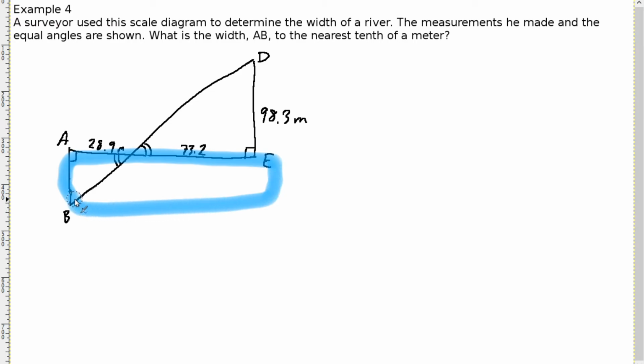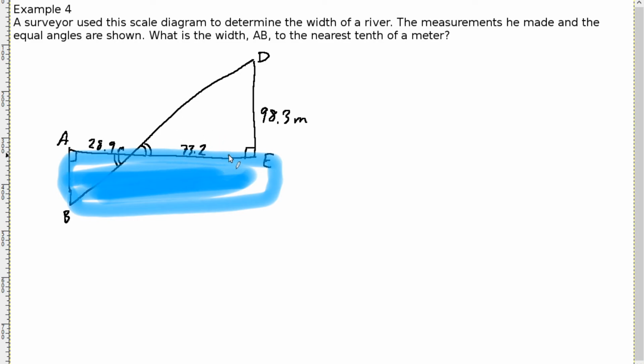So this is kind of our river area. And we're asked what is AB to the nearest tenth of a meter.